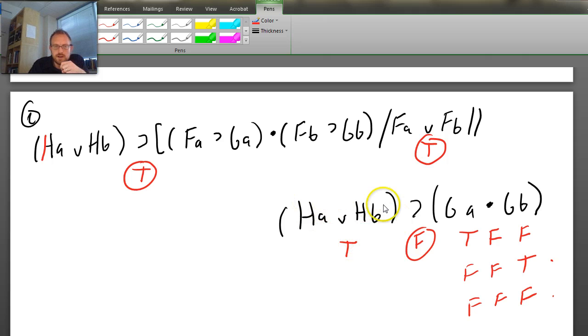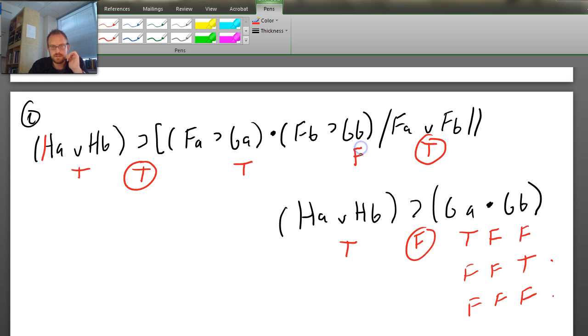So before I fill out HA and HB, let's assume that they're going to be the same. One thing we notice is we do have an HA or HB right here. So we'll just put that as true, because if this is going to be true here, it's going to be true here. But if we go slowly, maybe we'll be able to figure it out. Now, GA is going to be true in this universe, and GB is false.